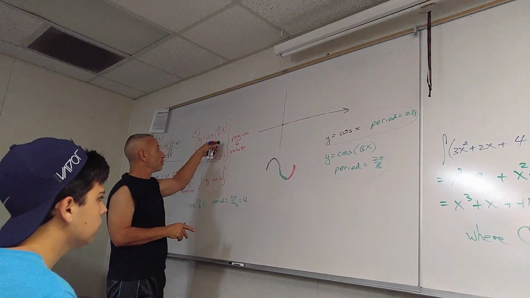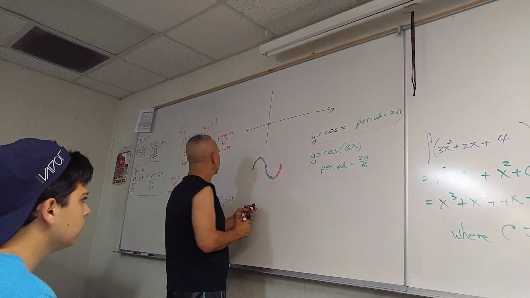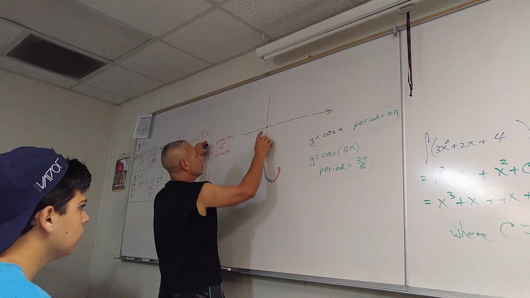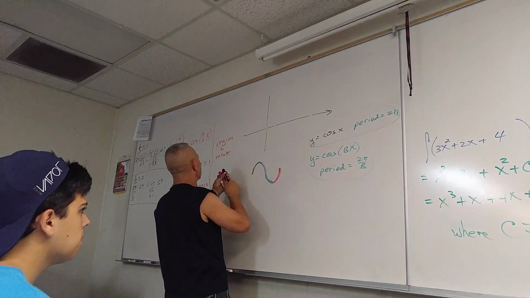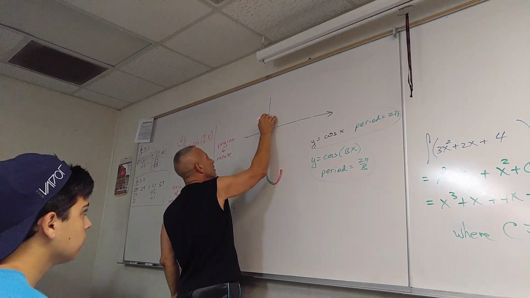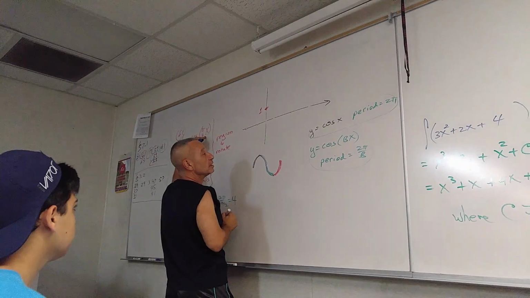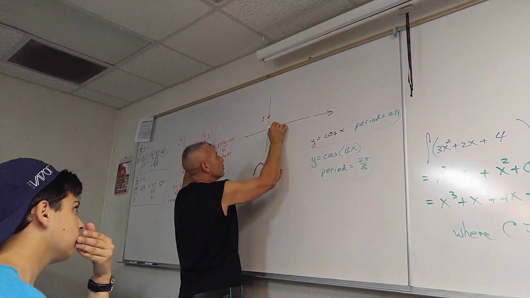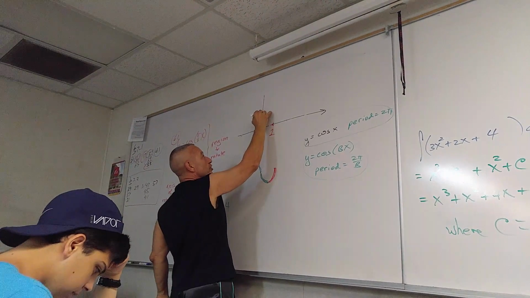What happens if I plug 1 in there? If I plug in 0, we get 1. But if I plug in 1, then we get 0. So I guess we're getting this portion of it.